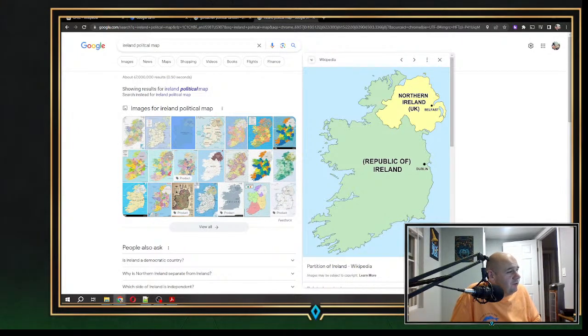So on the map here, you see the Republic of Ireland, which is the independent country of Ireland, and then what's called Northern Ireland, which is one of the provinces of the United Kingdom. As you can imagine, this is a good example of nationalism. As late as the 1970s, there was active terrorist activity, bombings, and so forth in Northern Ireland, particularly Belfast, in an attempt to get rid of the British as rulers of this place.